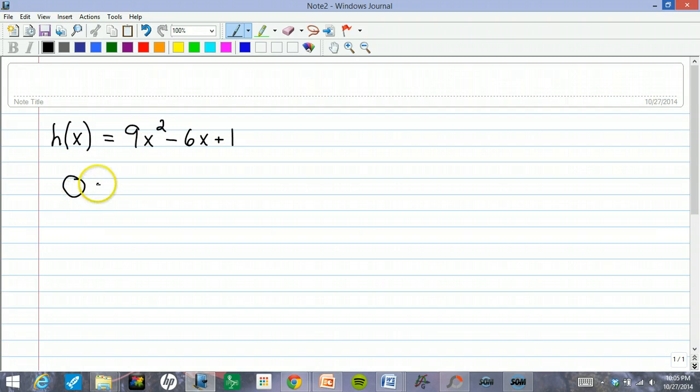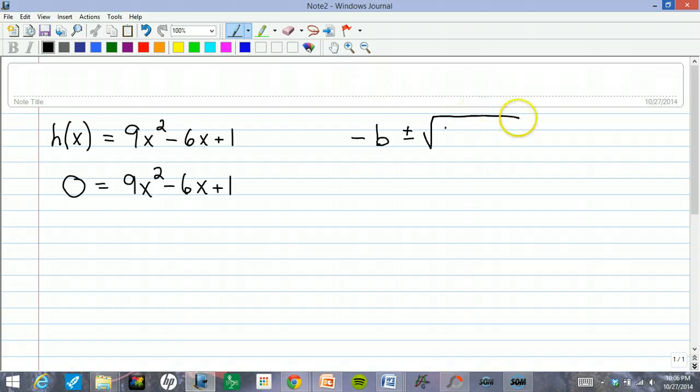The definition of a zero is an input value that outputs a 0. So to solve this equation, we can use the trusty quadratic formula. To remind ourselves, it's the opposite of b, plus or minus the square root of b squared minus 4 times a times c, all divided by 2 times a.